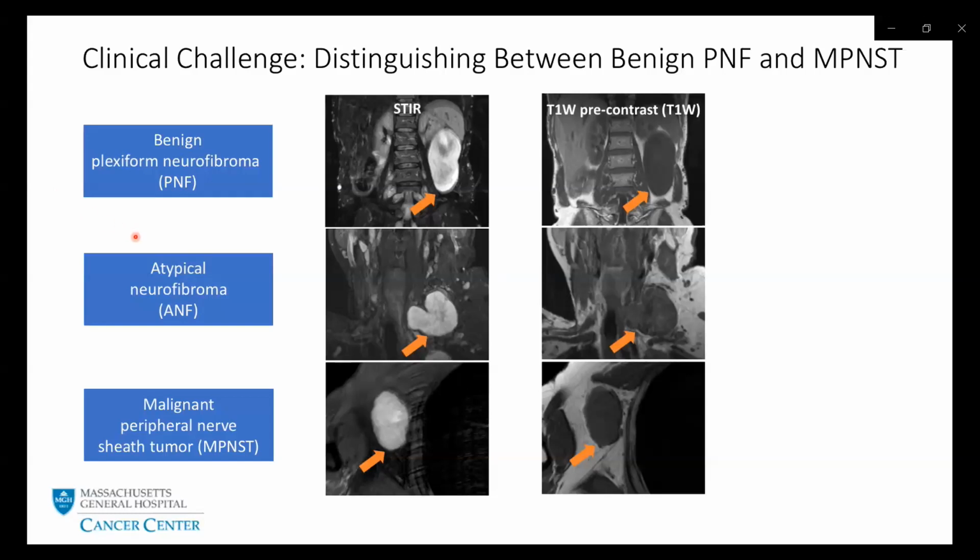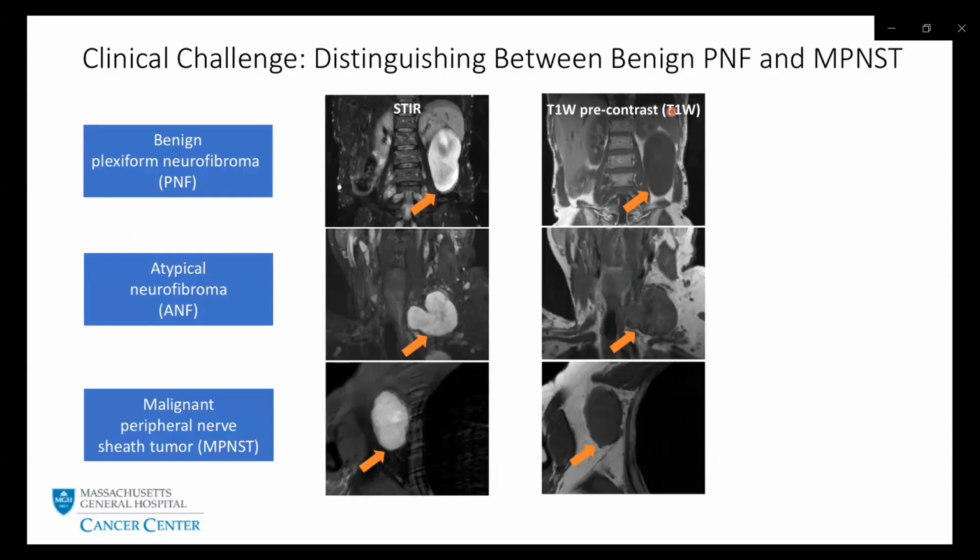Currently, magnetic resonance imaging, or MRI, is used to monitor plexiform neurofibromas. MRIs typically include STIR and T1 sequences or images. Clinicians look at descriptive MRI features such as tumor margins and contrast patterns on STIR sequences to assess whether a tumor is more likely to be benign or malignant.